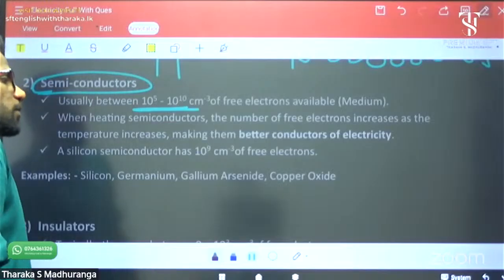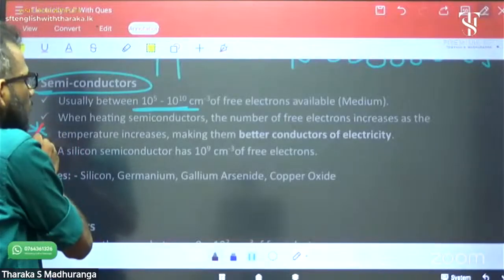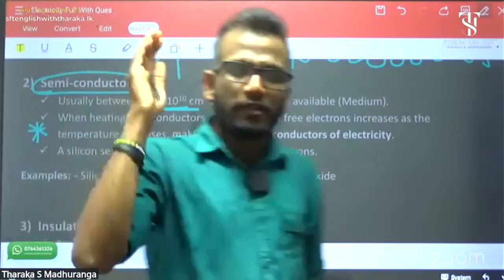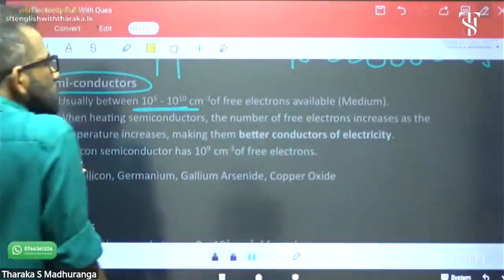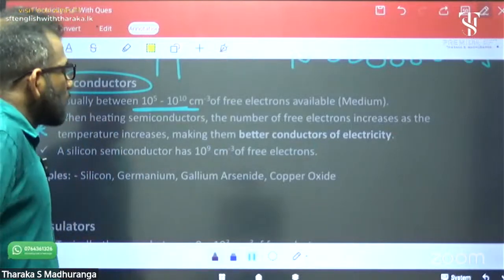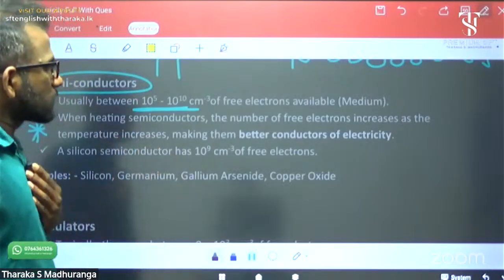When heating semiconductors, this is a special point, the number of free electrons increases. We can discuss that in the next lesson. With temperature, the number of free electrons increases, then the conductivity increases.